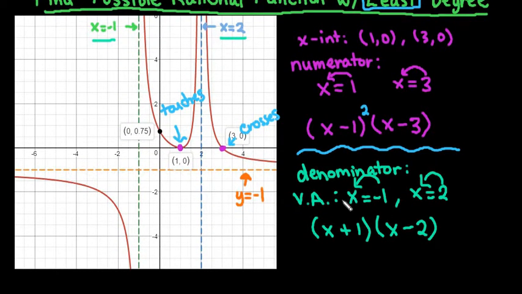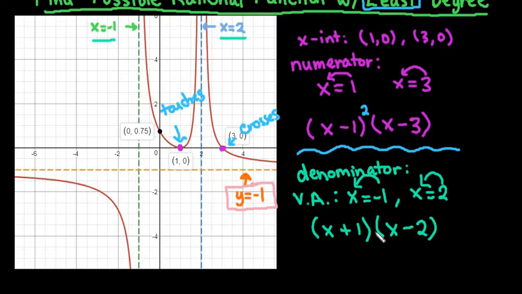Okay, we want to look at a couple different things here to help us determine the degree of this. Because we have a horizontal asymptote at y equals -1, that tells us that the degree of our numerator and the degree of our denominator have to be equal.